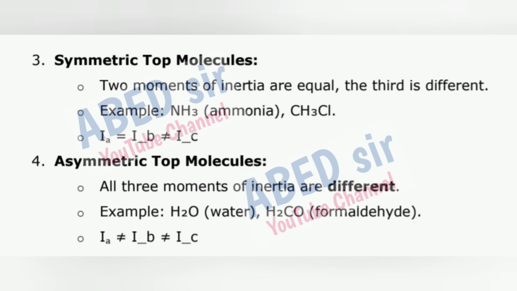Example: NH₃ (ammonia), CH₃Cl. I_A = I_B ≠ I_C. 4. Asymmetric top molecules. All three moments of inertia are different. Example: H₂O (water), H₂CO (formaldehyde). I_A ≠ I_B ≠ I_C.